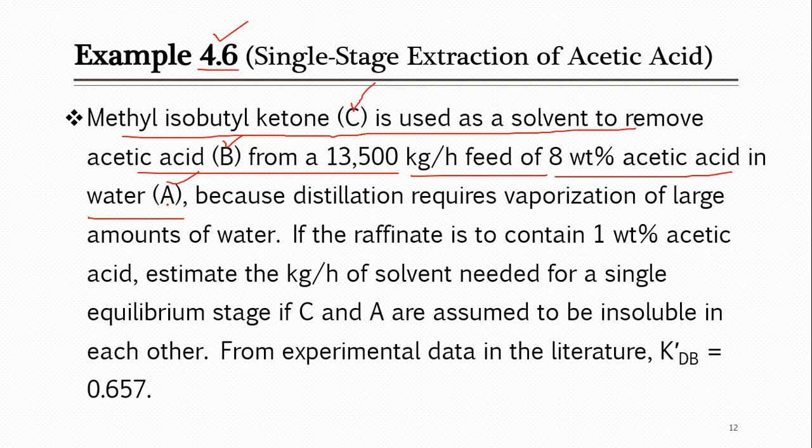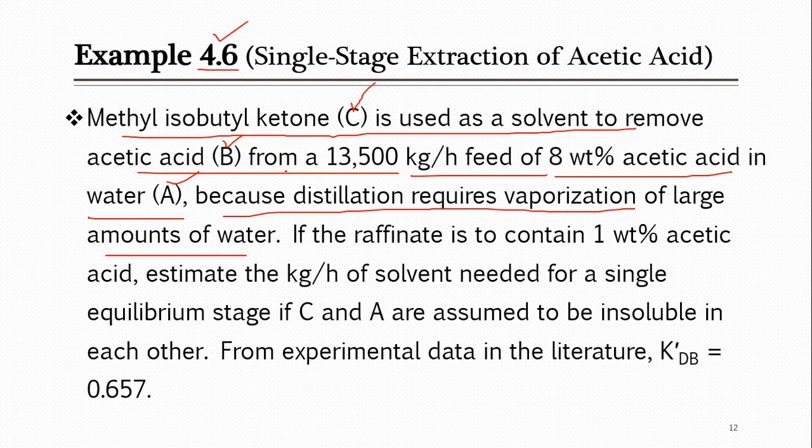You bring this feed in contact with methyl isobutyl ketone so that you can remove acetic acid from this feed towards the methyl isobutyl ketone. Because distillation requires vaporization of a large amount of water, we are using liquid extraction and not going for distillation.